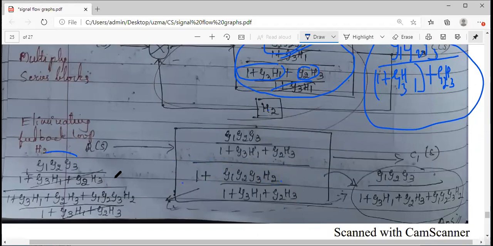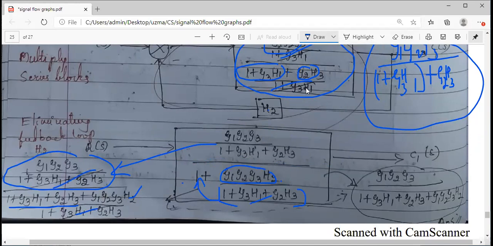What I have done, numerator I have written as it is, this term as it is, divided by denominator, ये जो bracket term है इसको 1 से multiply करो, you'll get the LCM. So it's here multiplying plus G1, G2, G3, H2 as it is, whole divided by denominator. So denominator terms cancel हो जाएंगे.